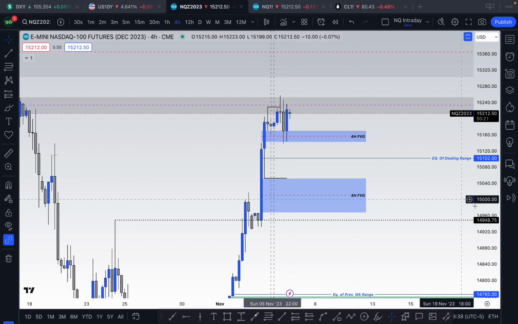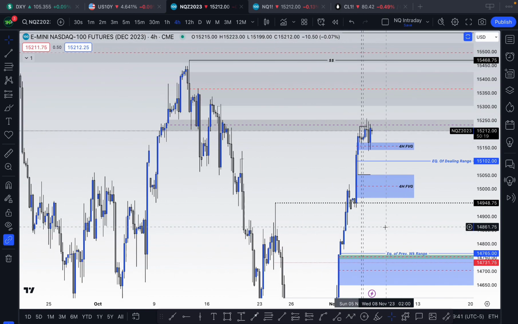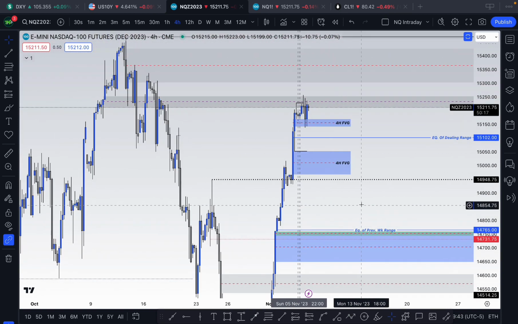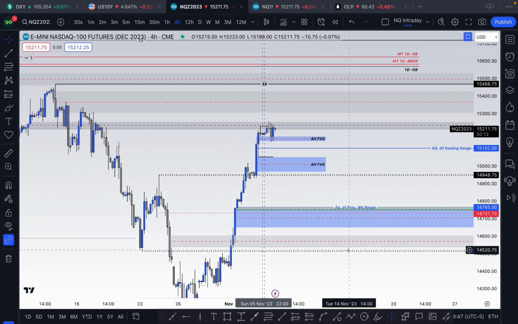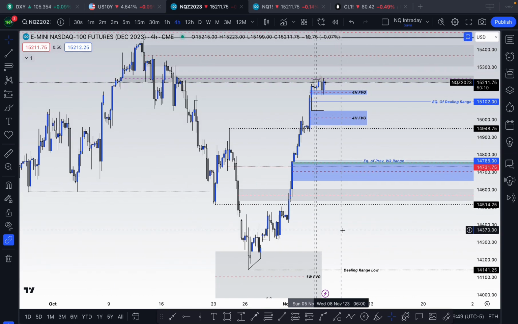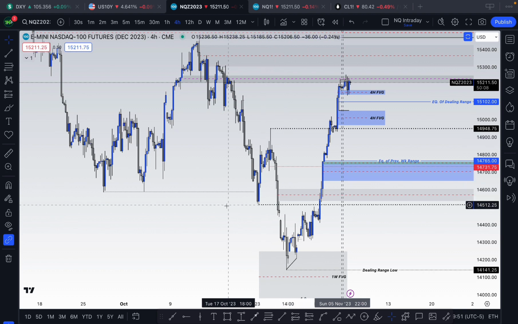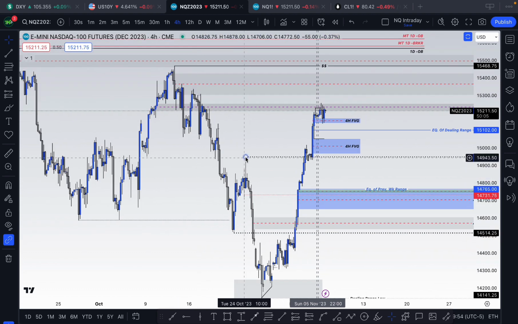But let me go back a little bit for context as to why I wanted higher prices after last week. People may think otherwise, but it definitely takes a change in state of delivery. See, this high is broken, right? That's a classic market structure shift.